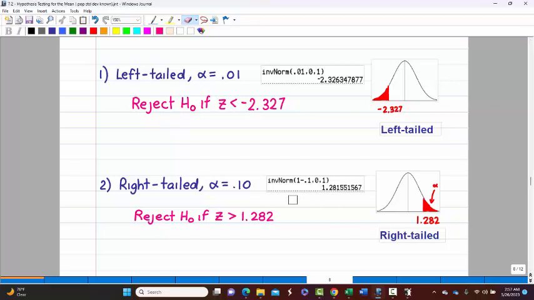I definitely wanted to show the calculator for people that are using it. Right-tailed, you have to go 1 minus the value. So 1 minus 0.1, 1.282 roughly. So you'd reject the H0 if your test statistic z was greater than 1.282. So a right-tailed test is always phrased as greater than.